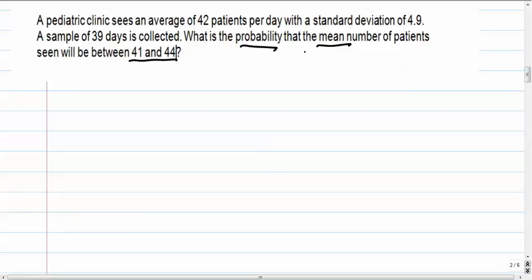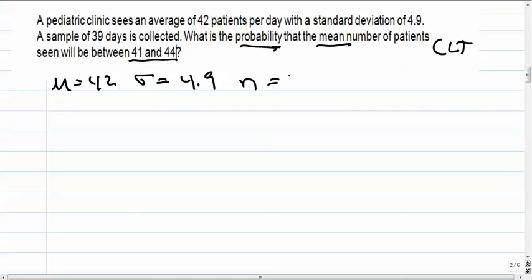So again, we're looking at the probability of a sample mean. We are talking the central limit theorem. So from the information, we get mu is equal to 42, sigma is equal to 4.9, n is equal to 39, and we want the probability that x bar is between 41 and 44.